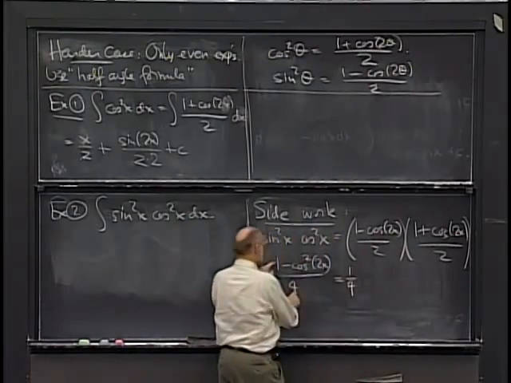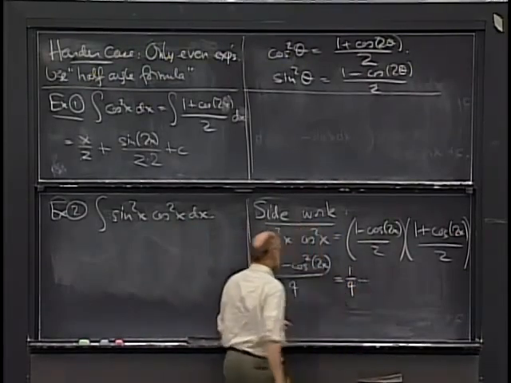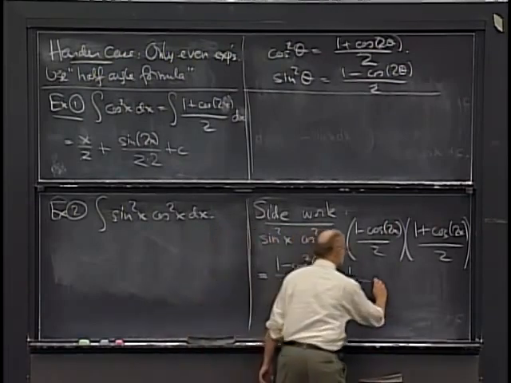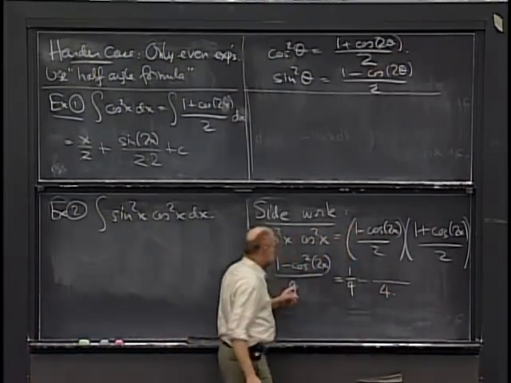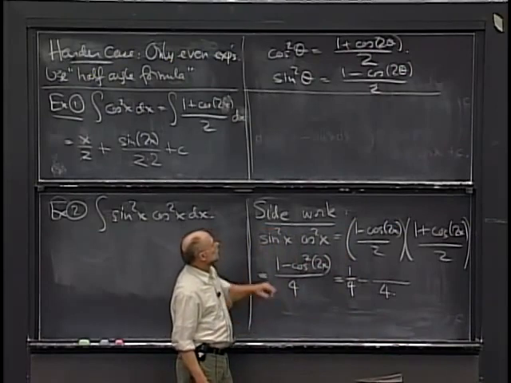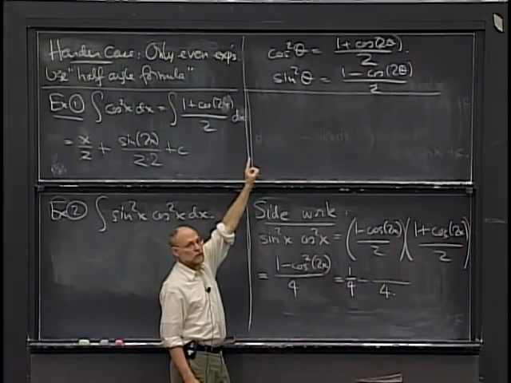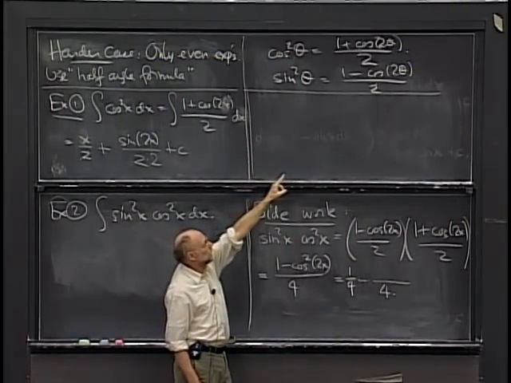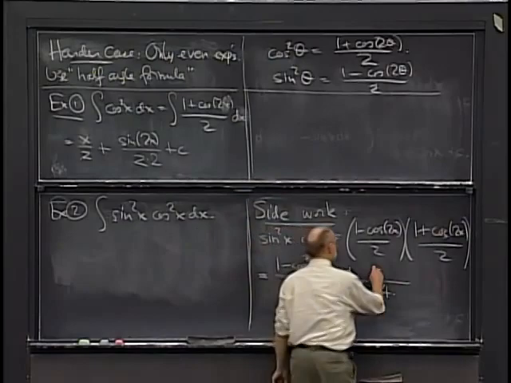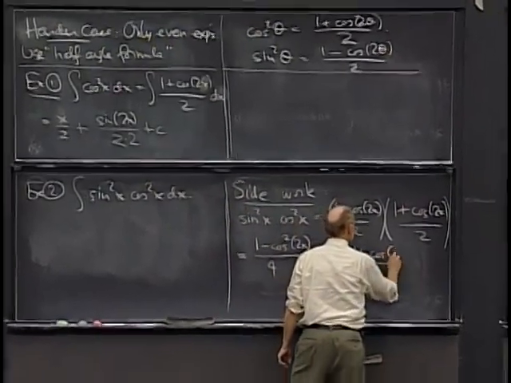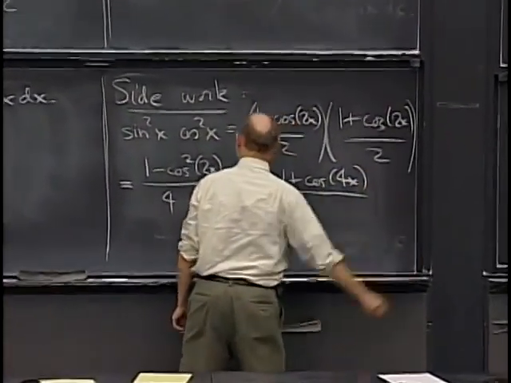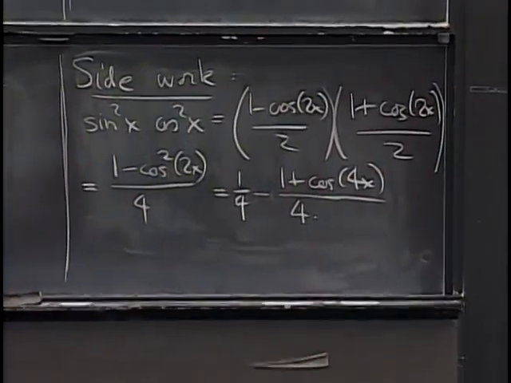So I get a quarter from this bit, and then minus a quarter of the cosine squared of 2x. Okay, now when I plug in 2x for theta, there in the top, I'm going to get a 4x on the right-hand side. So it comes out like that.